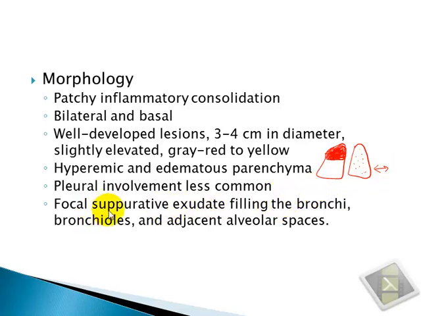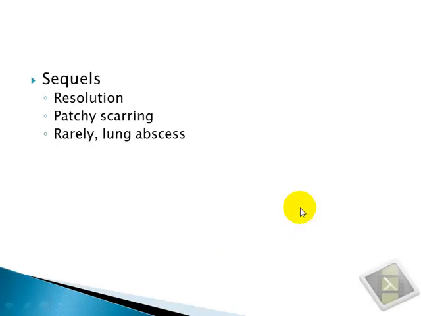Of course, in lobar pneumonias, all the alveoli in this zone will have exudate, whereas in this case, these particular alveoli will have focal suppurative exudates, which will fill the bronchi, bronchioles, and even the adjacent alveolar spaces.